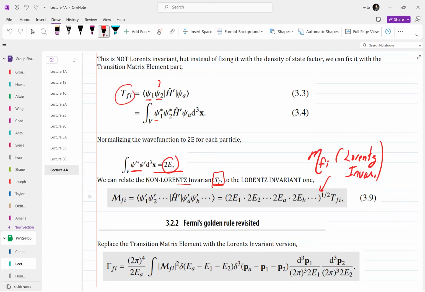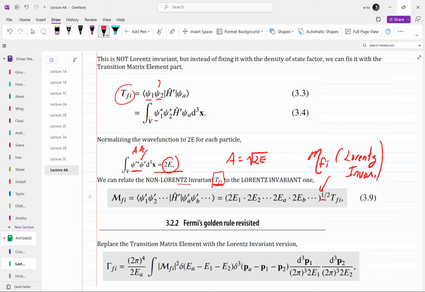So if you normalize this wave function to 2E, and since there's 2 factors of the wave function in here, the normalization factor you want is actually the square root of 2E instead, and that's where this 1/2 power comes from.